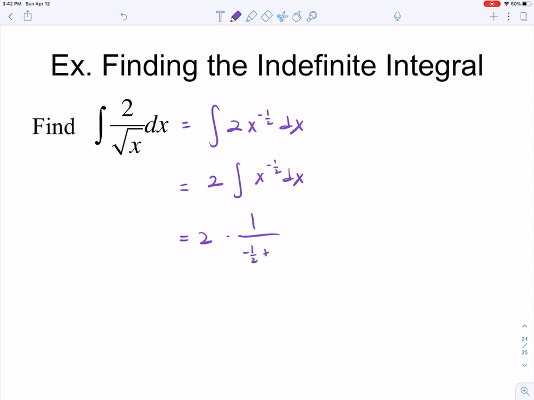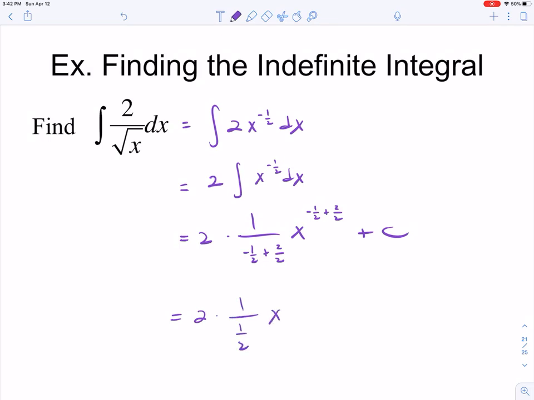And applying power rule, that would be 1 over negative 1/2 plus 1, which is the same as adding 2 over 2, times x to the negative 1/2 plus 1 power plus c.